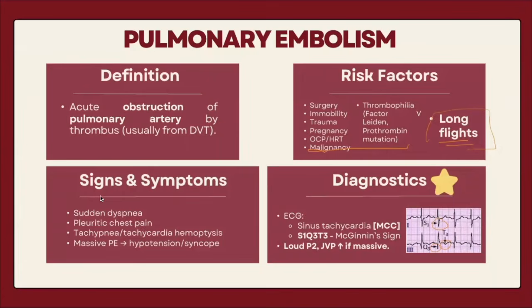So when there's such a sudden rise in the pressure, the valve's going to close much faster and it's going to shut really loudly. Does that kind of make sense? Okay, yay. That's the reason the P2 sound is louder, so you're going to hear an abnormal sound. This is again in more severe cases where there's such a sudden rise in the pulmonary artery pressure that the valve starts having dysfunction too.